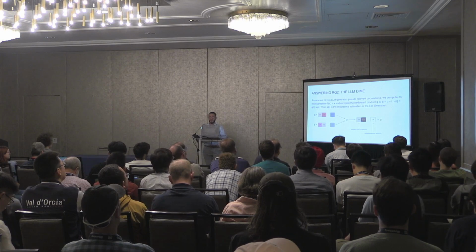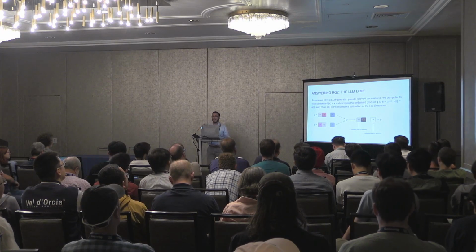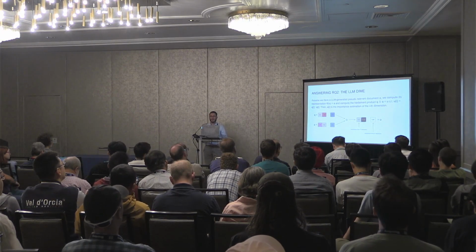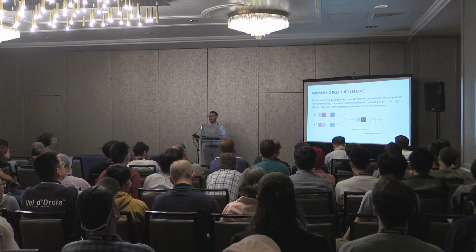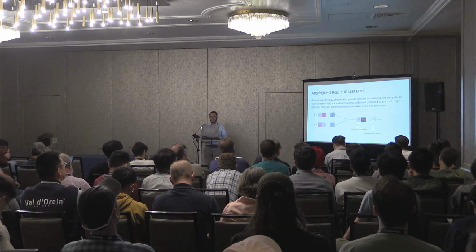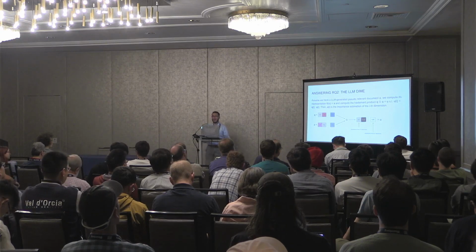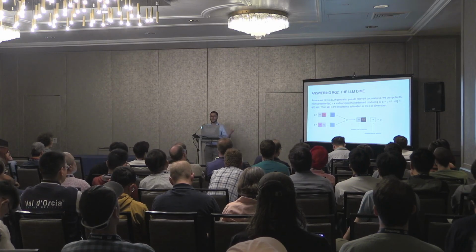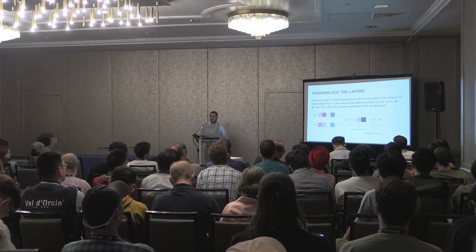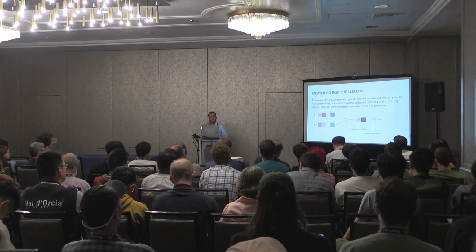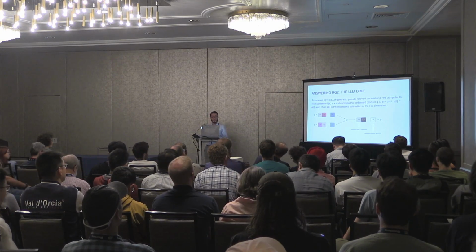Then, once we have proved our hypothesis, we can try determining some more practical DIMEs. The first DIME that we tested is based on LLMs. We just take the query as a prompt, we feed it to the LLM, and we generate a pseudo-relevant document this way.